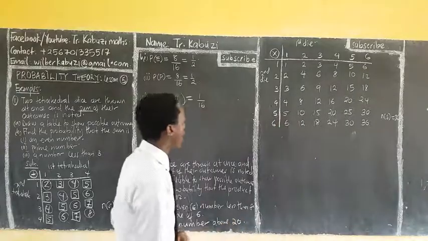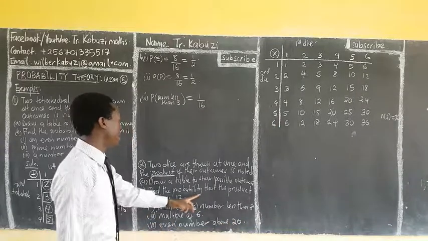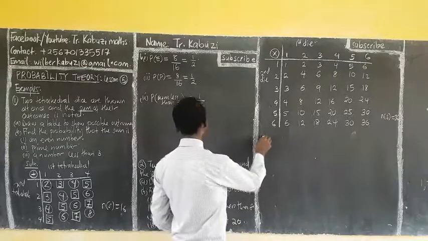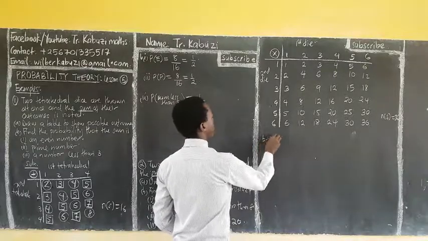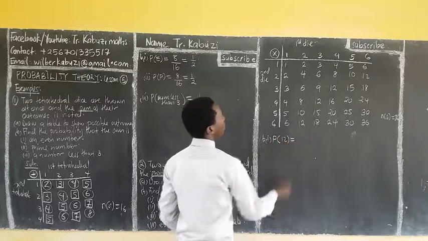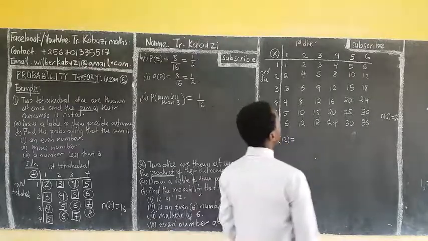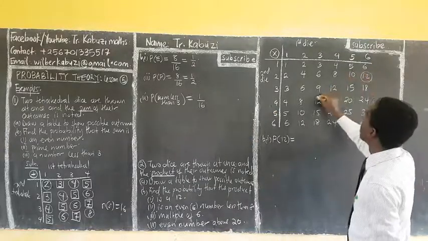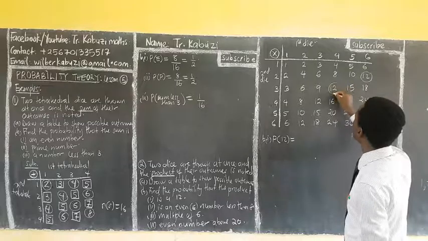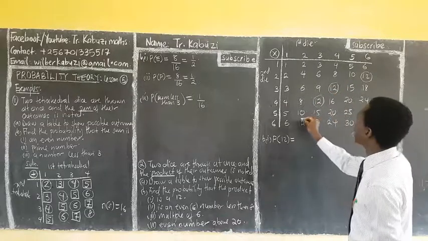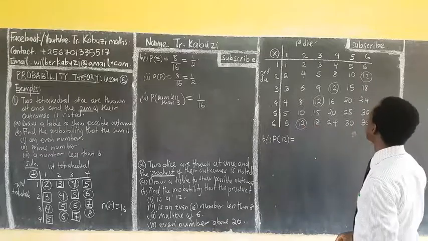Okay. Now I come to find the probability that the product is 12. So B number 1, the product is 12. Probability of getting a 12. We have this, this, this, and this.